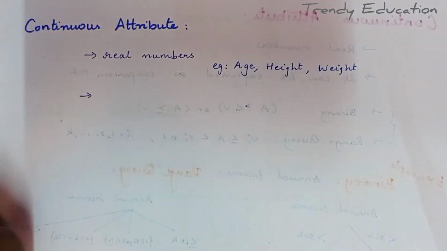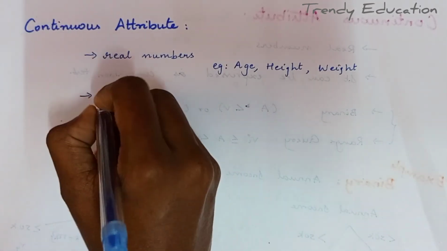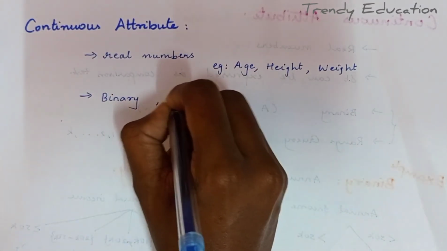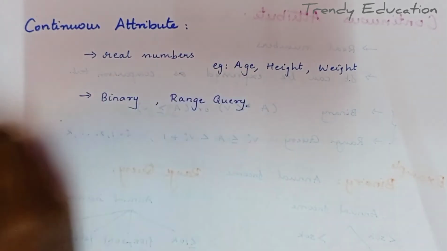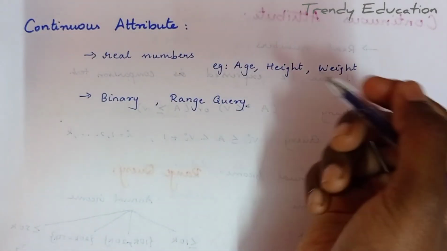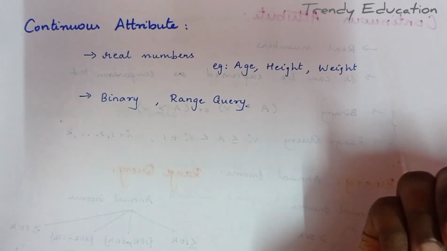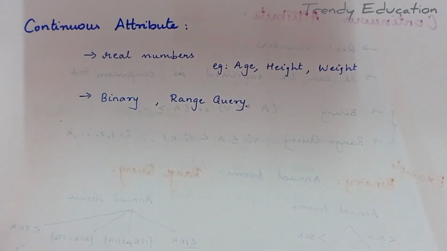The second point is that it can be expressed in two ways. As we saw before, we have binary and multi-way splits, but here we have the binary split and the range query split. What is a range query? It determines some range, for example, 10,000 to 20,000. So it's a range, but it is a continuous value.